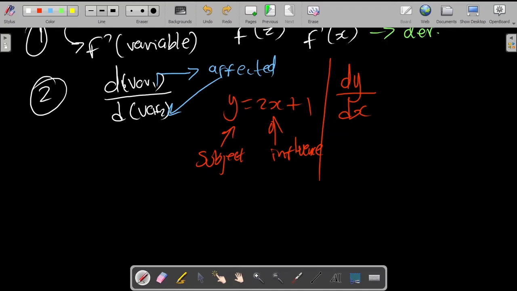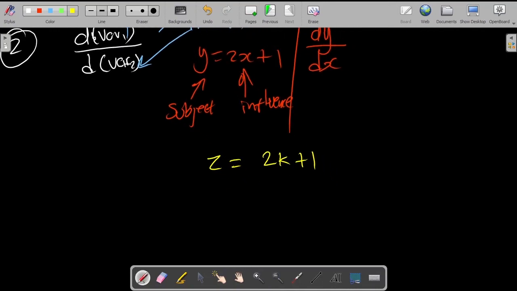And once again, if you have something like z equals 2k plus 1, you have to follow the same rule, which says that you use the variables that you currently have in front of you, and not just any random variables. If you wanted to find the derivative of this, you'd use the exact variables that you have.